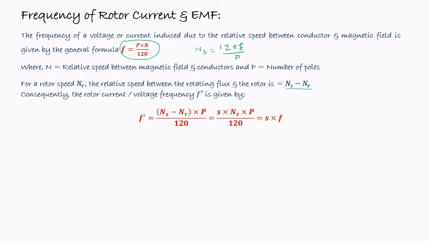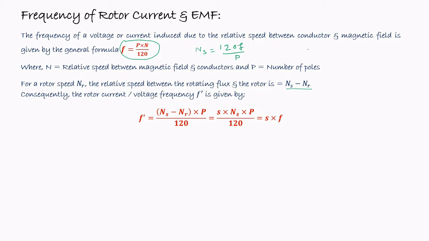Therefore, in the frequency equation, instead of N, we put Ns minus Nr, where P is the number of poles. So F' is the frequency of the rotor induced EMF or current during running condition.